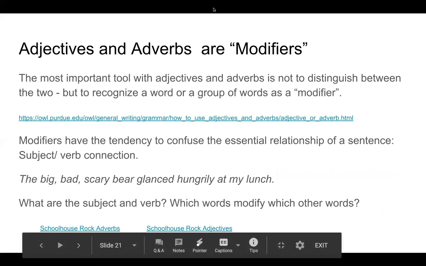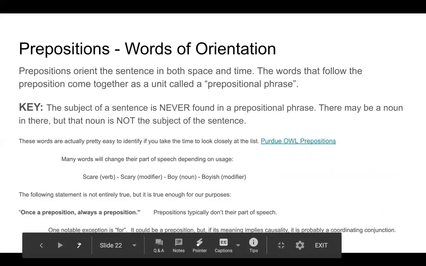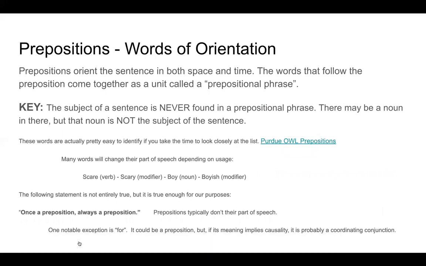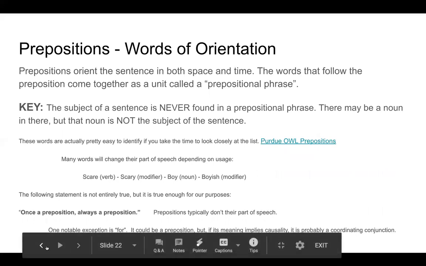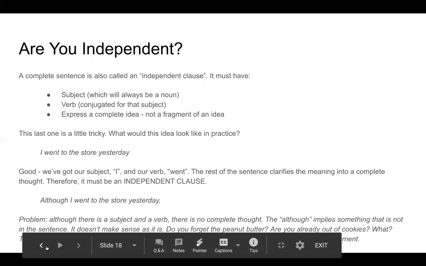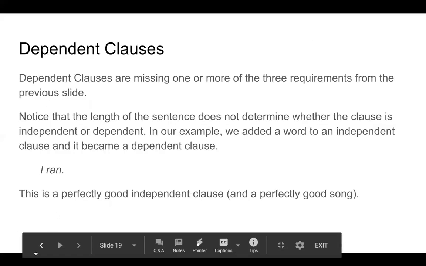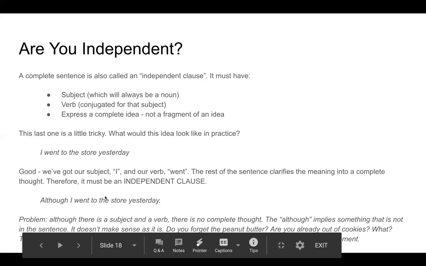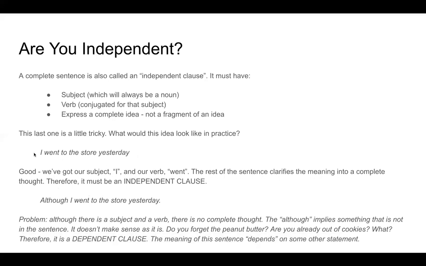Remember how we had, let's say, a complete sentence or independent clause, as they're called, is a noun connected to a verb that expresses a complete thought. Well, here's our example from yesterday: I went to the store yesterday. I went, noun, verb, expresses a complete thought. Great. Sentence.